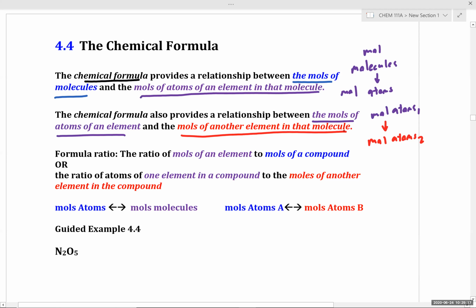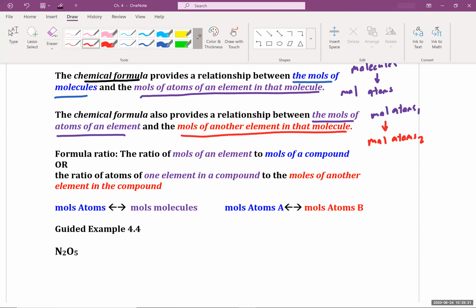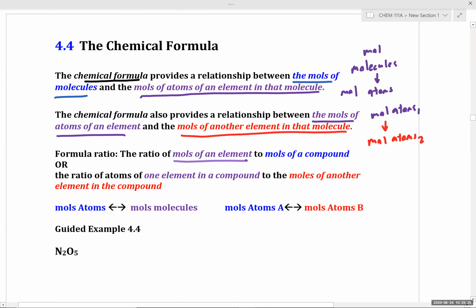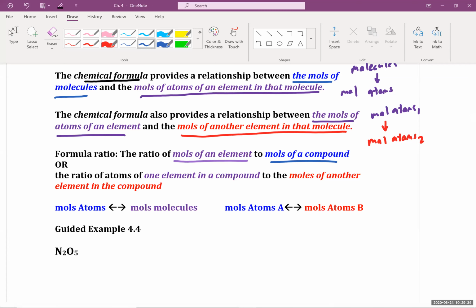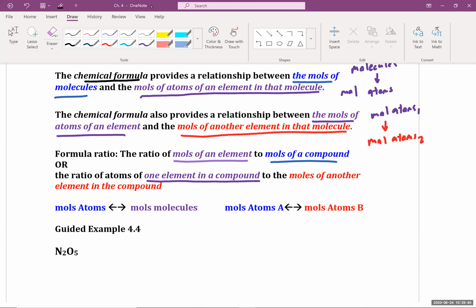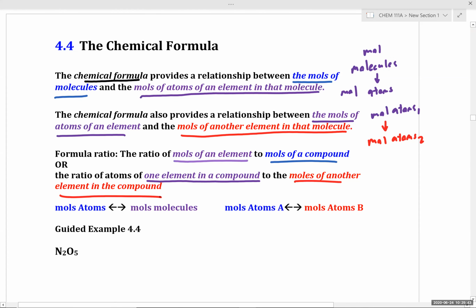Now, for the formula ratio, there are two main definitions. It's the ratio of the moles of an element to the moles of a compound, or it can be thought of as the ratio of the moles of one element in a compound to the moles of another element in that compound.